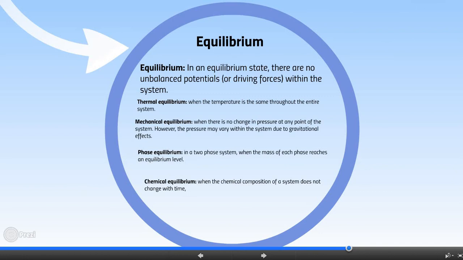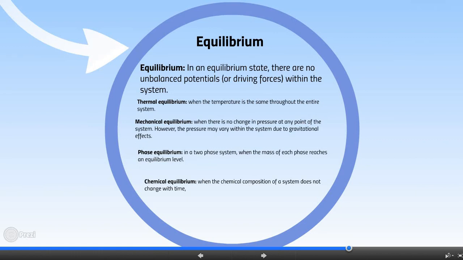Mechanical equilibrium is related to pressure, and a system is in mechanical equilibrium if there is no change in pressure at any point of the system with time. However, the pressure may vary within the system with elevation as a result of gravitational effects.